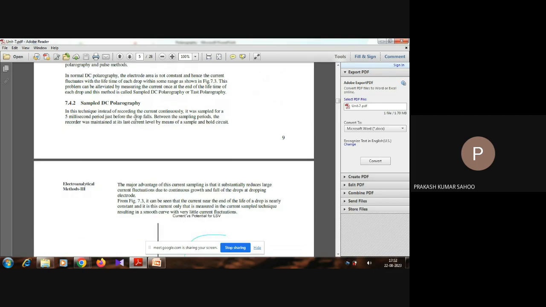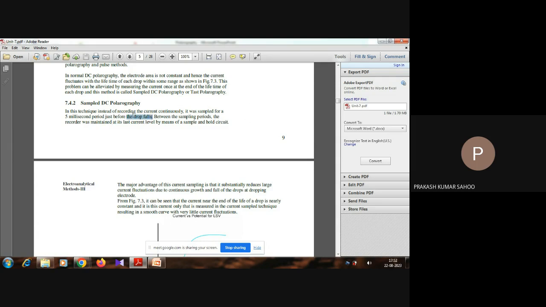So in normal DC polarography, the electrode area is not constant, so just go through these things. Then we have sampled DC polarography. In this technique, instead of recording the current continuously, it was sampled for a 5 millisecond period just before the drop falls.